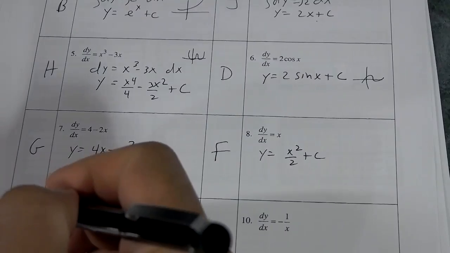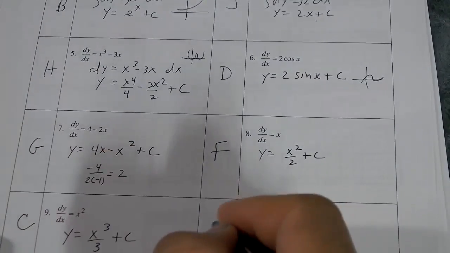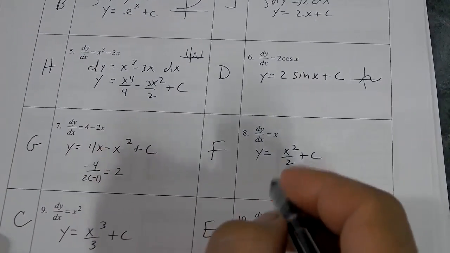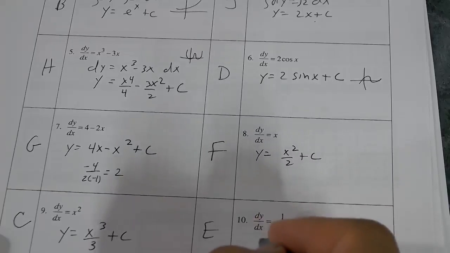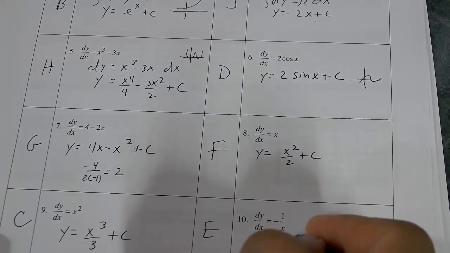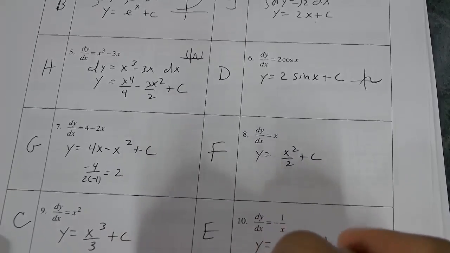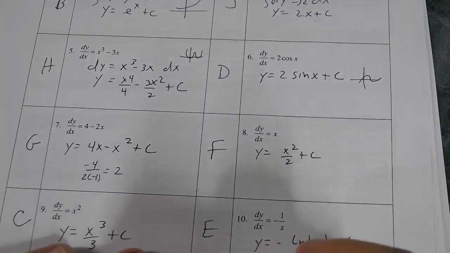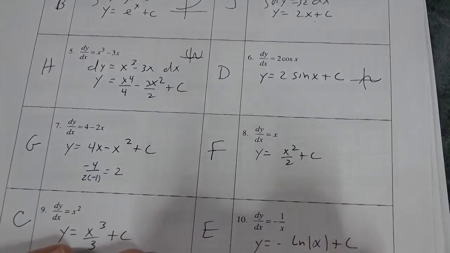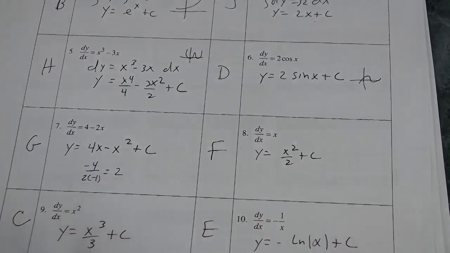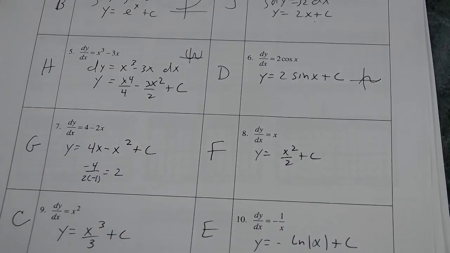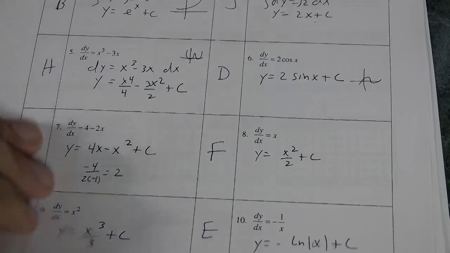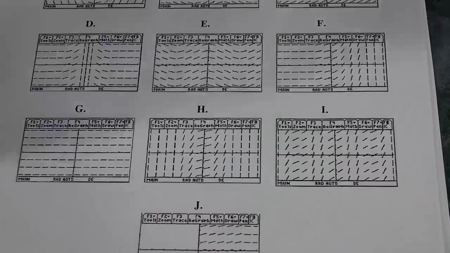So that's the letter C. Finally, by elimination, this has to be E. Here we have y equals negative natural log of x plus c. That's why the graph looks like that. All right, so I believe that is the third one.